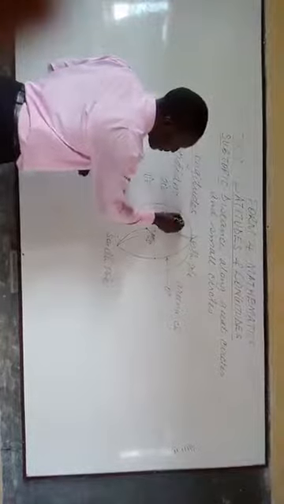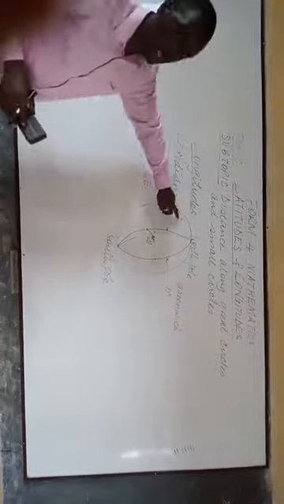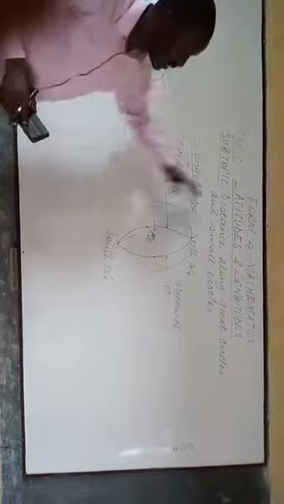Now, having done that, let's go to how we define a point or a position on the surface of the Earth. We want to define maybe the location of this point. How are we going to do that with the help of latitudes and also longitudes?